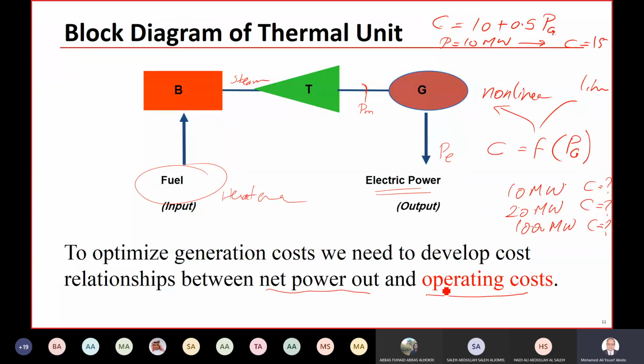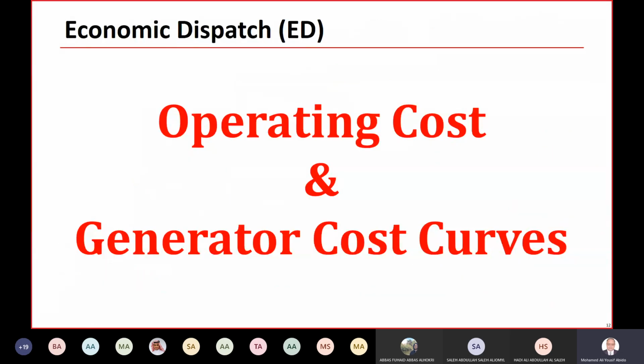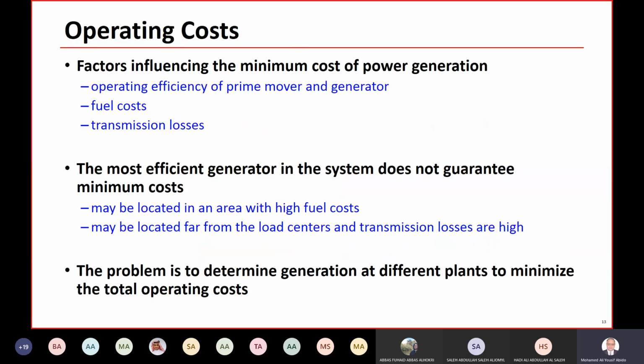Okay, so this is a very important curve or very important relationship that we need to solve the economic dispatch problem. How much the operating cost as a function of the output power of the generator. Okay, we will see such curves in a few minutes. Operating cost and generator cost curves.